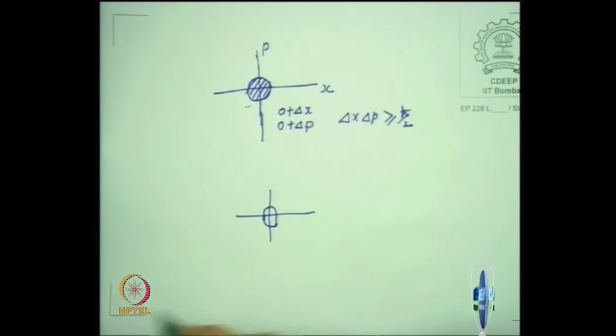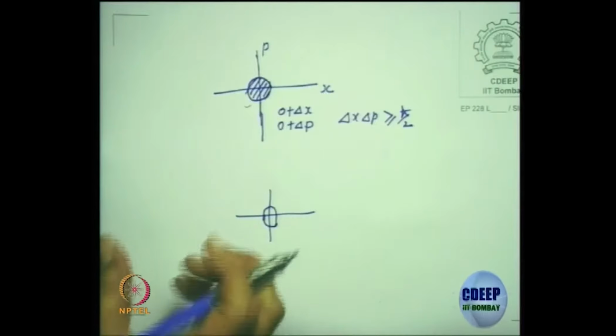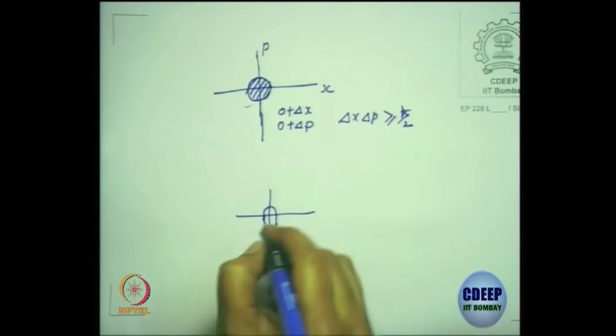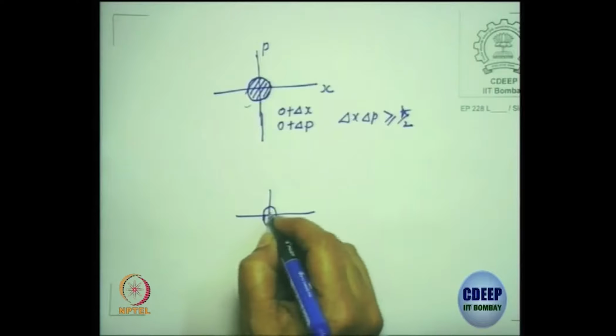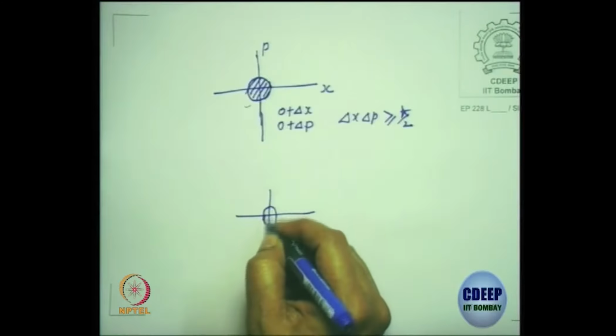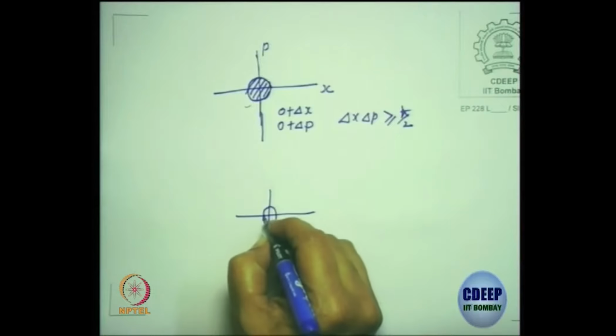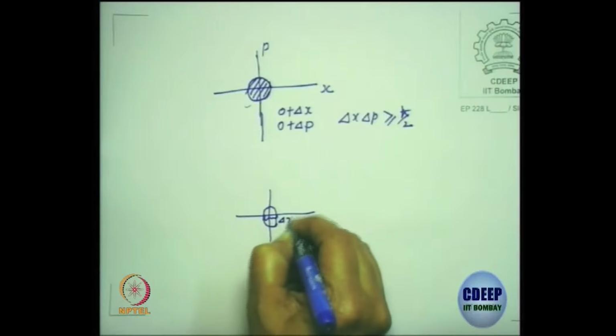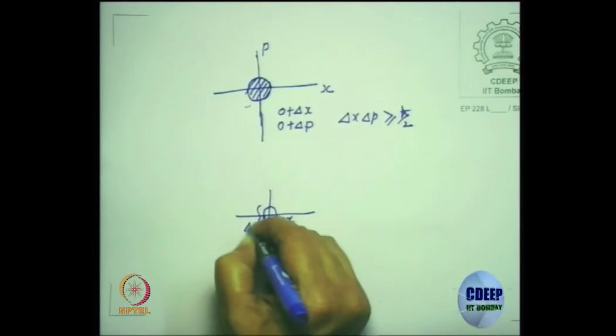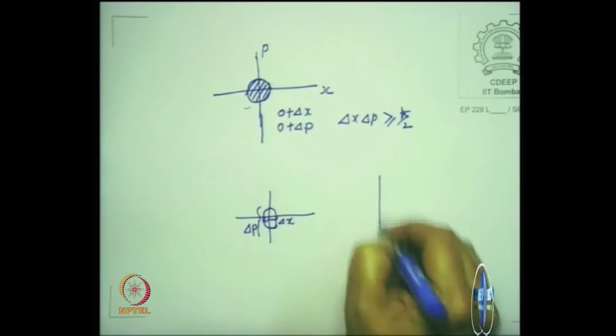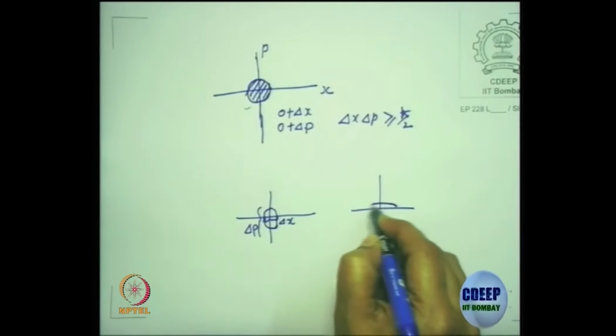If you have something like this, we say something is more certain than the other one. What is more certain? Delta x is less than delta p, right? So, this is delta x. This one is delta p.